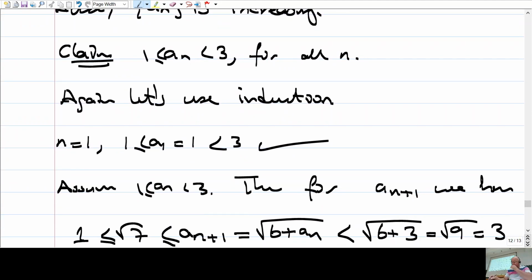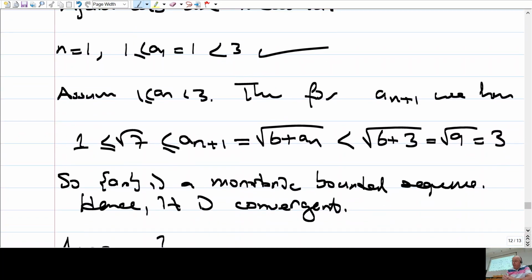Again, we use induction. For n equals 1, a1 is just 1, so it is between 1 and 3. And then we assume that an is between 1 and 3, and we would like to show that a(n+1) satisfies the same relation. And then we do what? Well, a(n+1) is the square root of 6 plus an, and this an is at least 1. Therefore, this is at least 7.